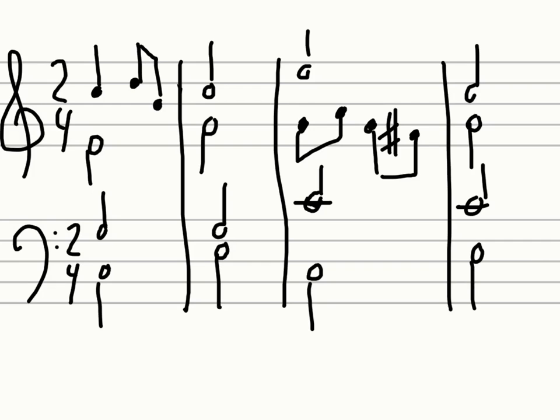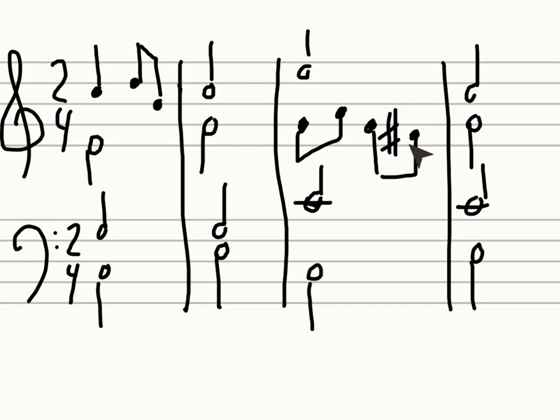In the next example, the upper neighbor A, the lower neighbor F sharp, but I'm going back to the G in between these two to make that a little bit smoother.